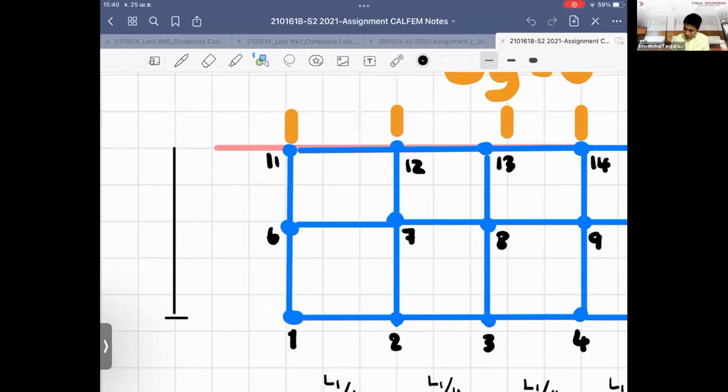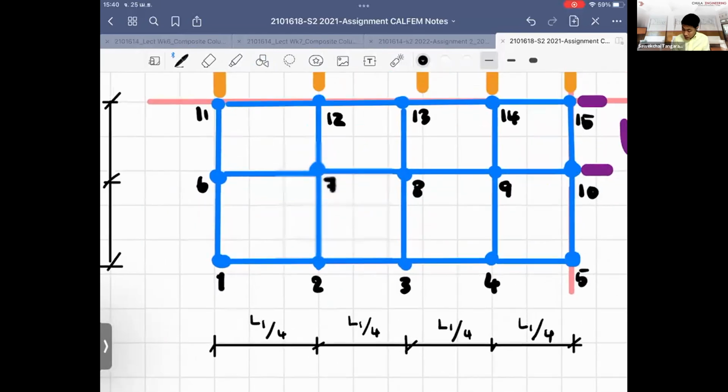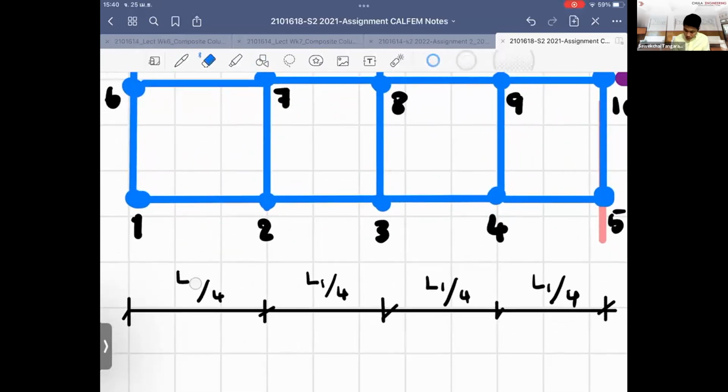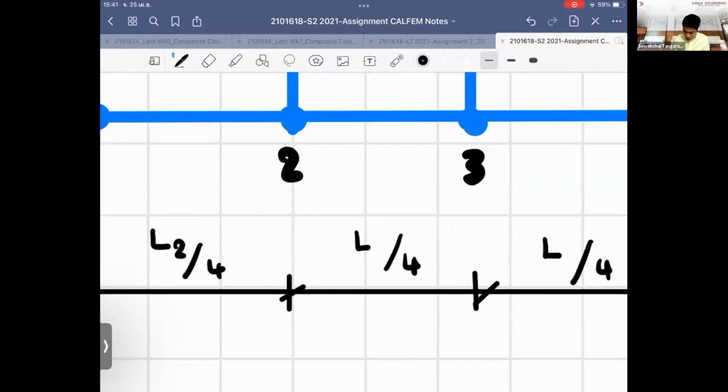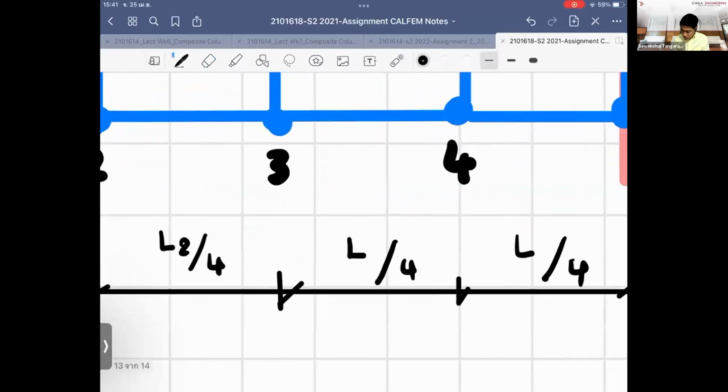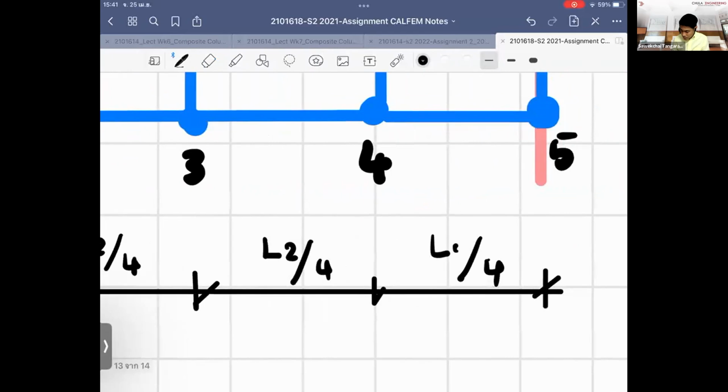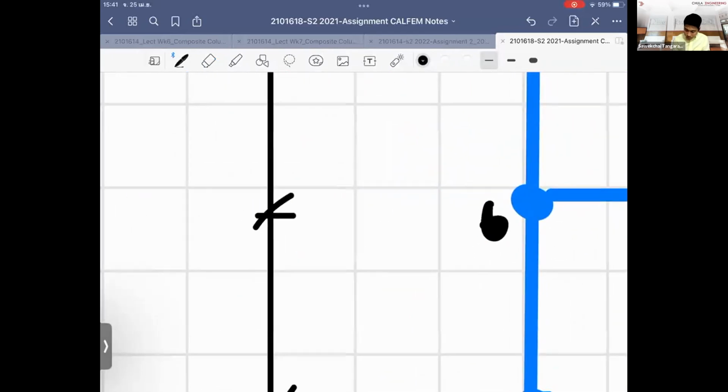I just want 2 elements and I want to have it as a uniform mesh. And I take it to be, and this is L1, sorry, this is L2. And this is L1. Because we want 2 elements.